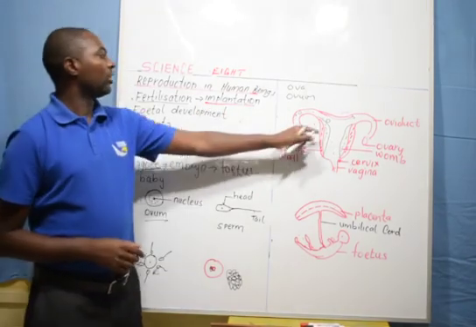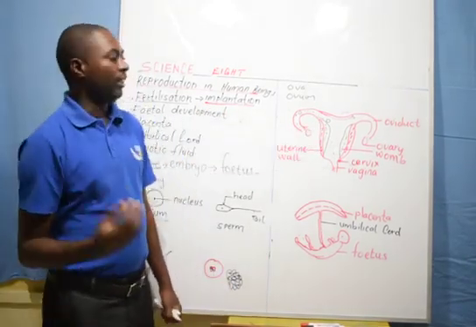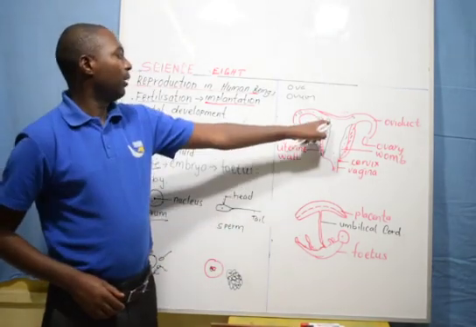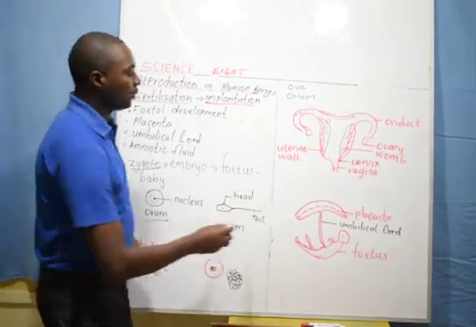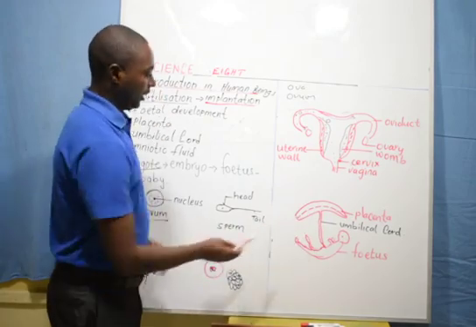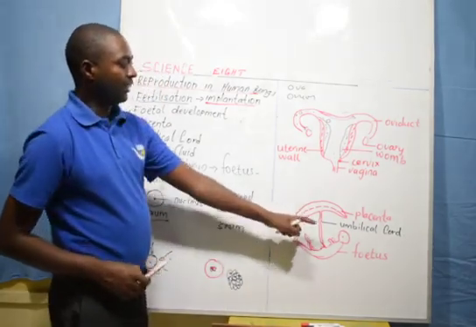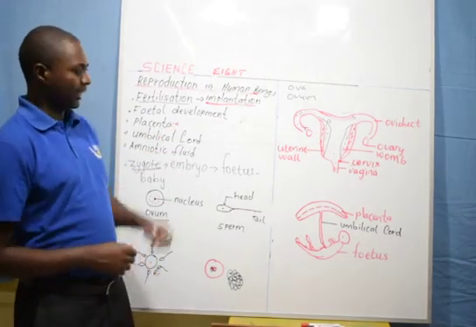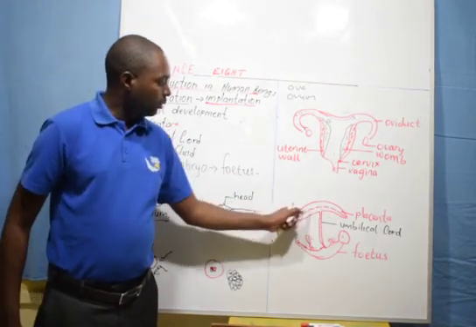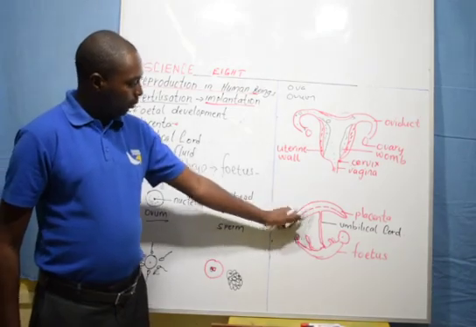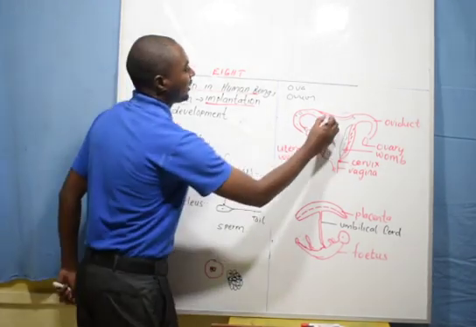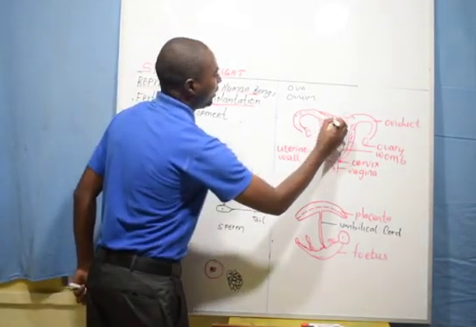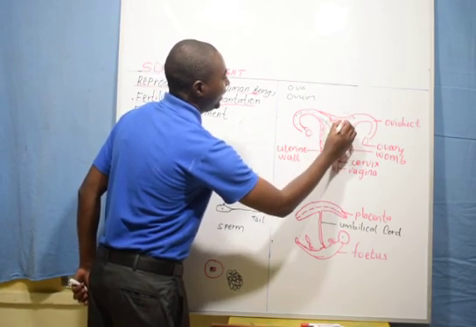The zygote implants itself. Once it gets implanted here, it develops a disc-shaped organ, like this one. That disc-shaped organ is what we call the placenta. As I have written the word placenta here, it forms a disc-shaped organ. This disc-shaped organ acts as the intermediate. I want to assume it was implanted here.